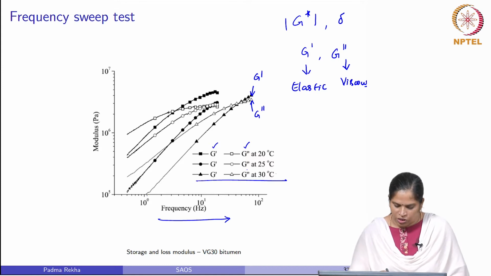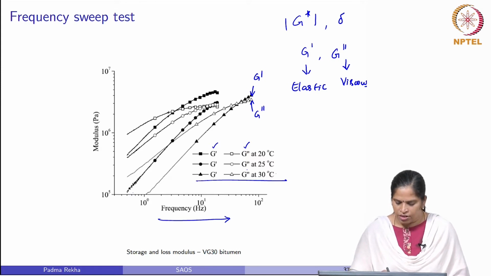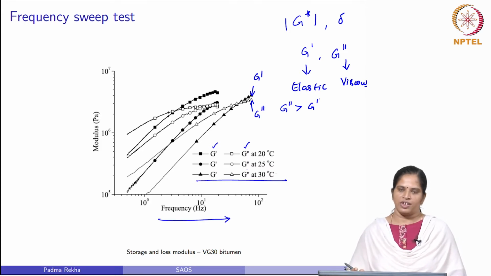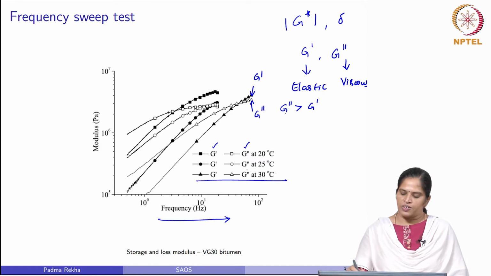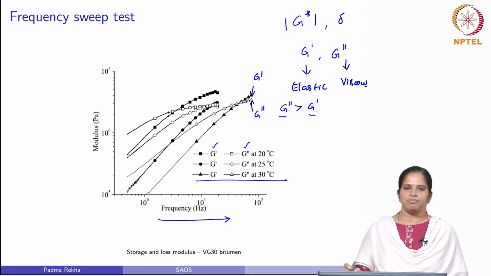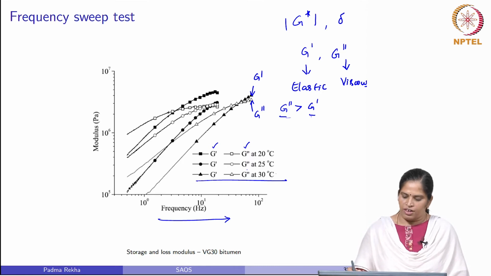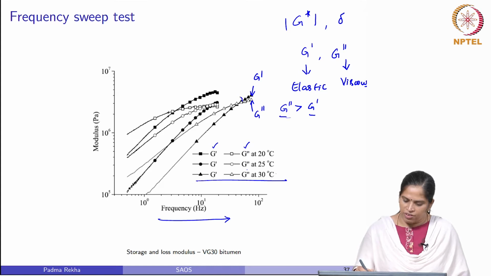Now, at lower frequency, G double prime is greater than G prime. What does it mean? If G double prime is greater, viscous behavior is dominating the elastic behavior. This happens at a lower frequency. As the frequency is increased, you can see a flip over at one specific point. This point we call the crossover.